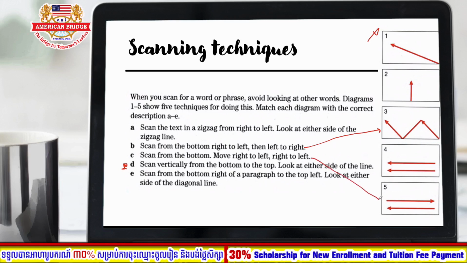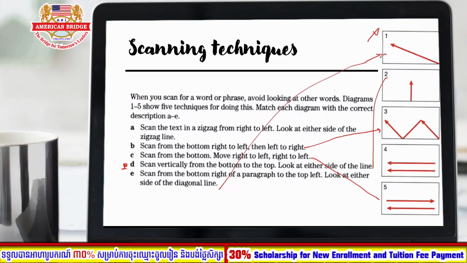And scan vertically from the bottom to the top. Look at the side of the line. Okay, scan from the bottom right to the top left. So it's the correct one. It's a little bit messy, but okay.